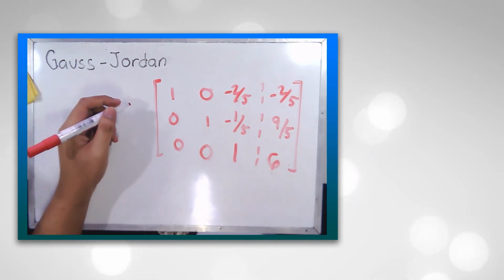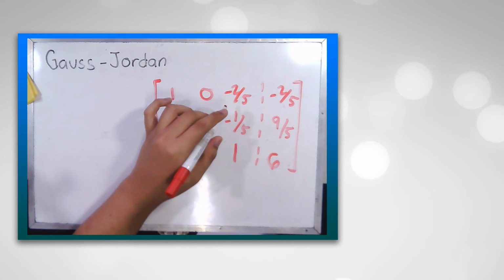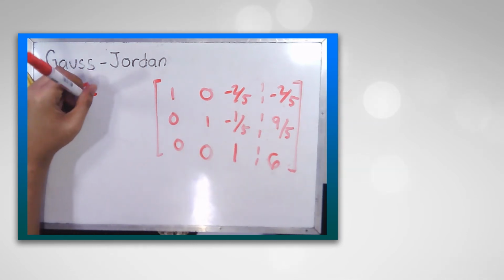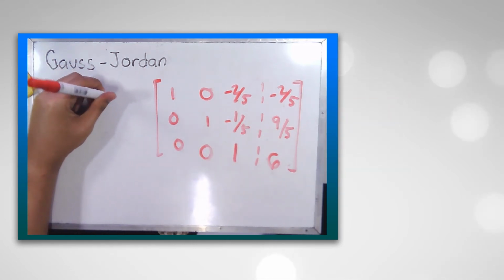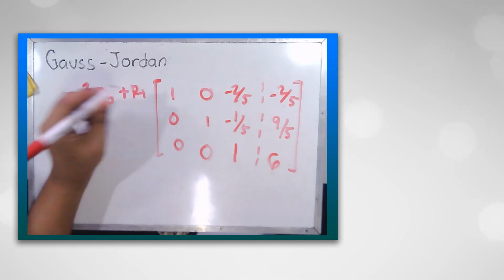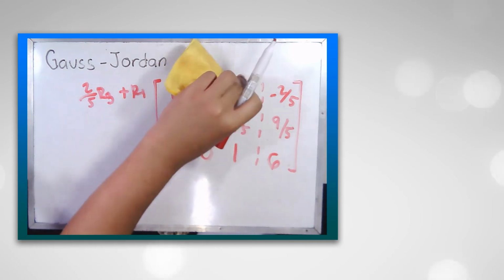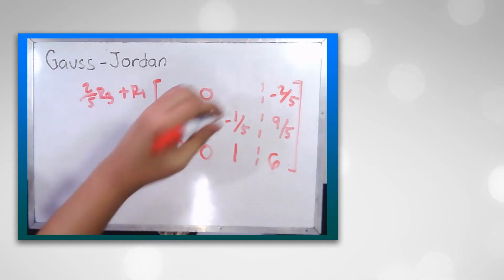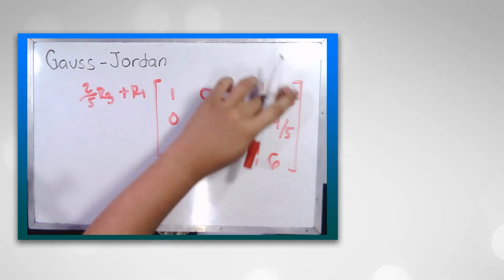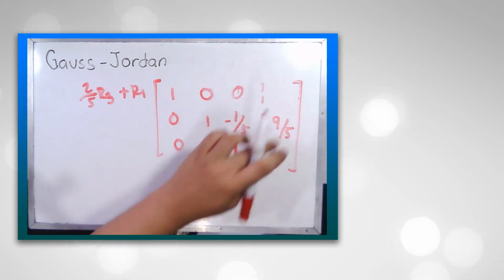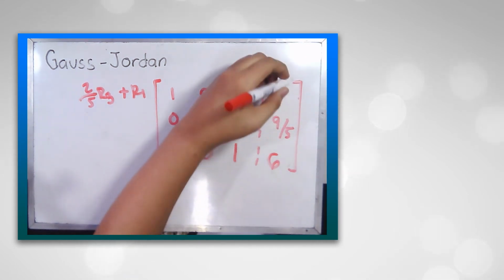We're going to multiply R3 by 2/5, then add to R1, so it's like 2/5 plus negative 2/5 is 0. And here we'll gain 2.